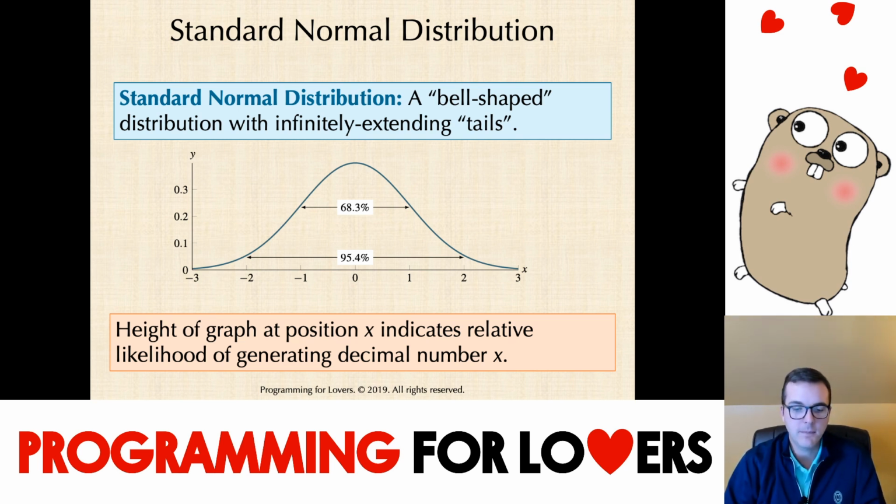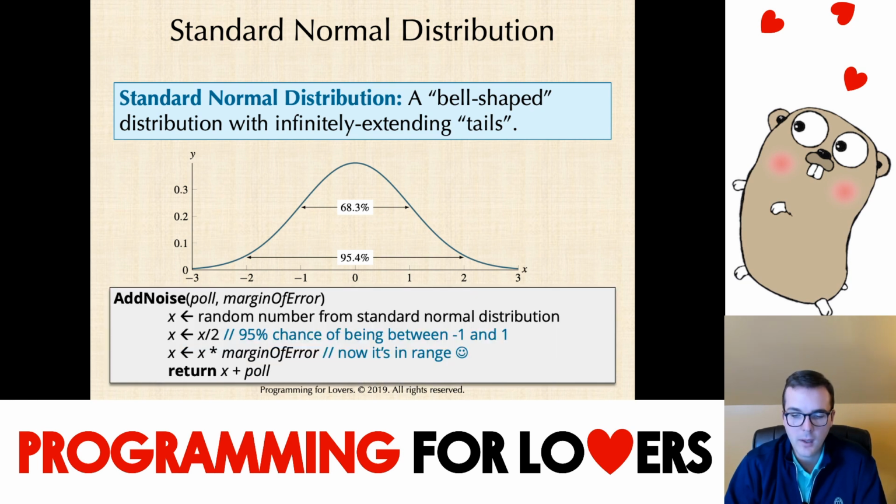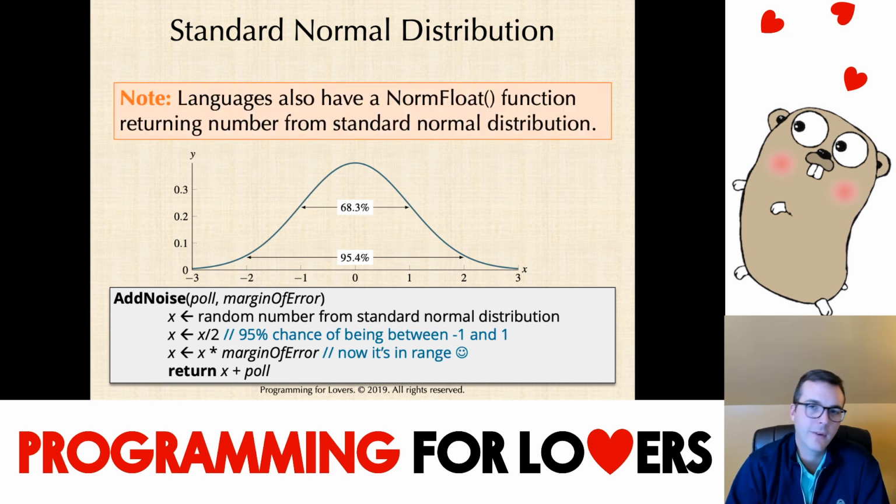So fortunately, I will have in most languages a built-in standard normal distribution number generator as part of the PRNG package. And so I could use this, so have what's called a norm float, perhaps, function that will not take any inputs but return a number from the standard normal distribution.